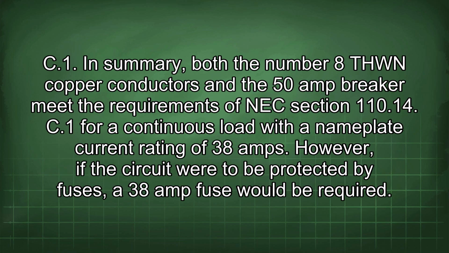In summary, both the number 8 THWN copper conductors and the 50 amp breaker meet the requirements of NEC Section 110.14(C)(1) for a continuous load with a nameplate current rating of 38 amps. However, if the circuit were to be protected by fuses, a 38 amp fuse would be required.